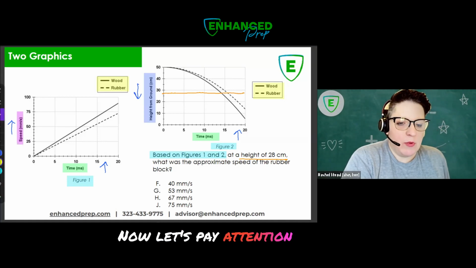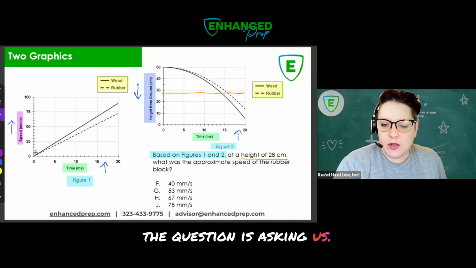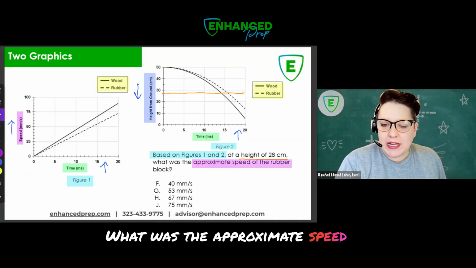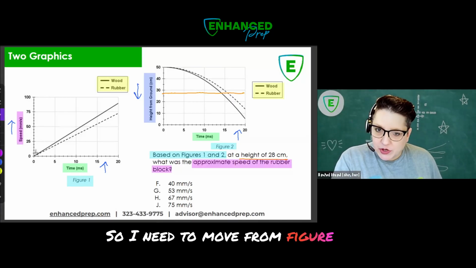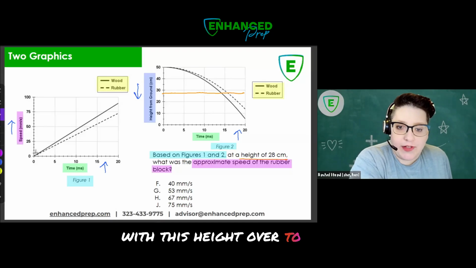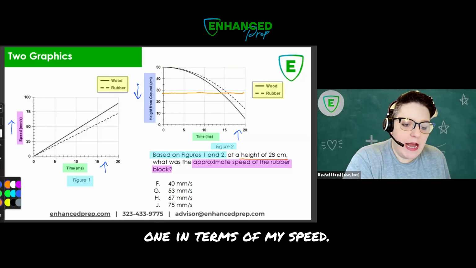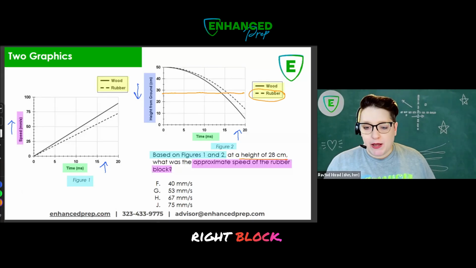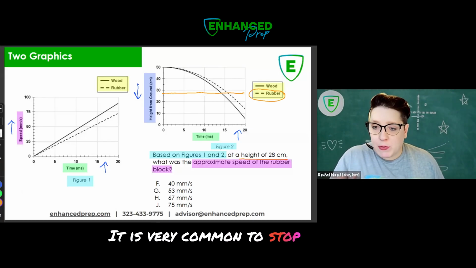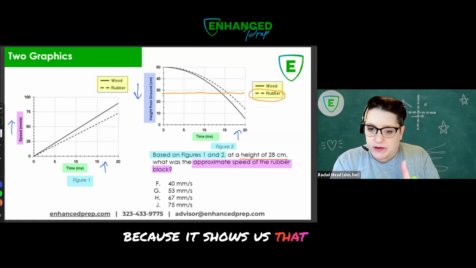Now let's pay attention to what the question is asking us. What was the approximate speed of the rubber block? So I need to move from figure 2 with this height over to figure 1 in terms of my speed. Now, it's also really important that I'm paying attention to my right block. It is very common to stop at wood because it shows us that wood first.